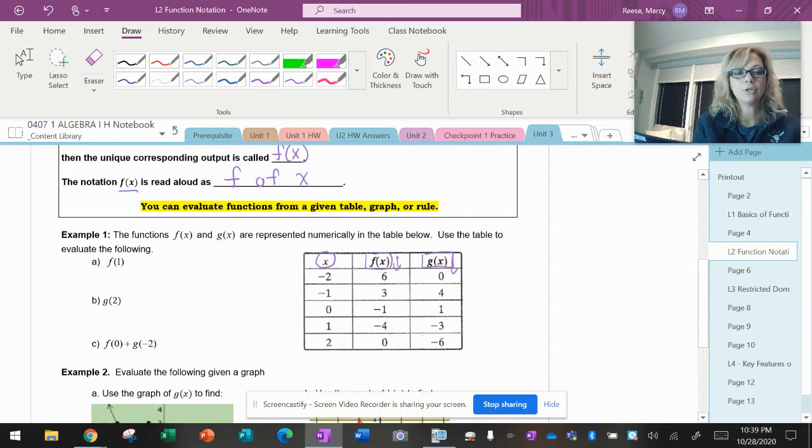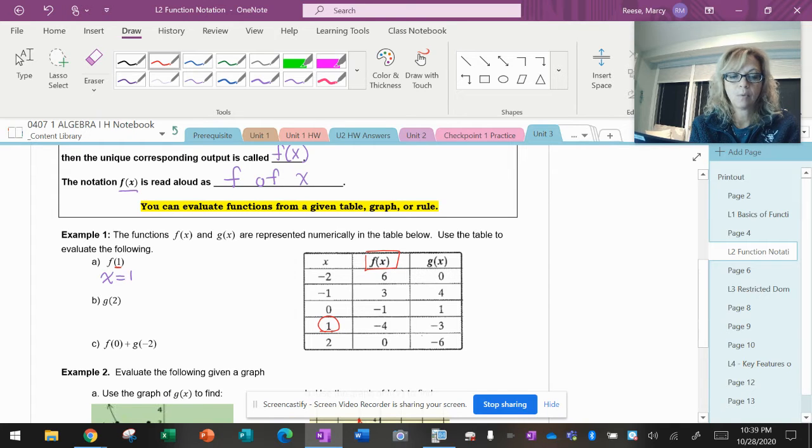So if I said to you for A, f of 1, that means when x is equal to 1, okay, now just take your time with this. Listen to how I'm going to say this. That means that when x is 1, I'm going to come over here to the table where x is 1. And because I have an f of x and not a g of x, I'm going to go to this column.